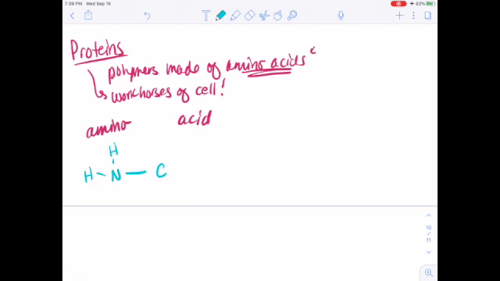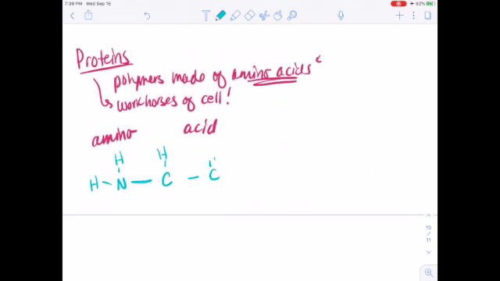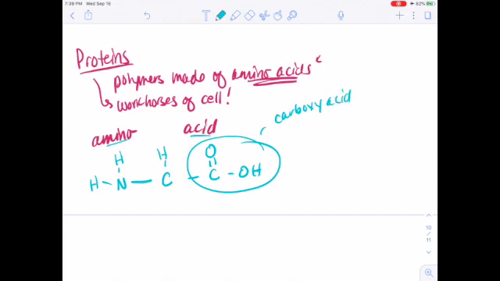There's a central carbon, hydrogen hanging off of it, and the acid end, a carboxy acid group right there. So this whole thing is a carboxy acid. It is the acid end of an amino acid.